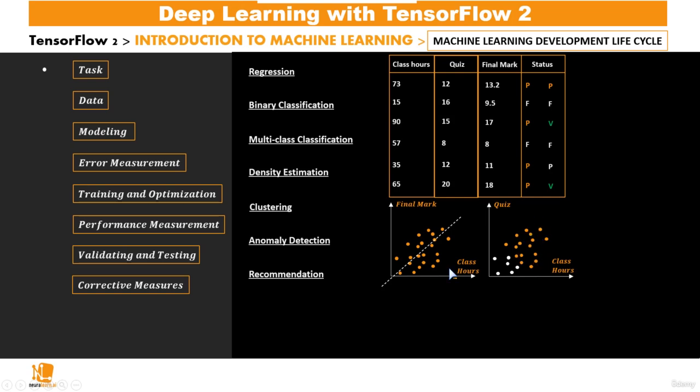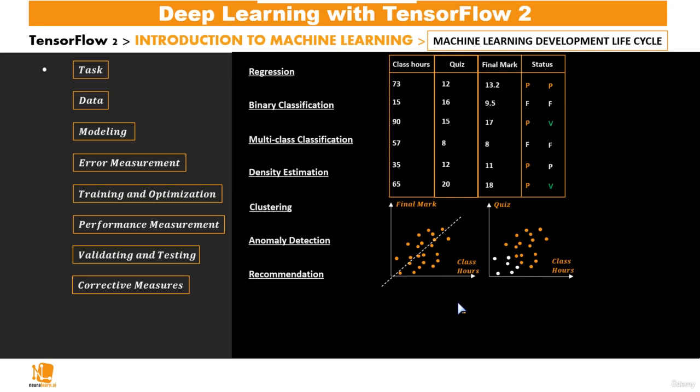So here, unlike this plot where we had class hours and final mark, we have class hours and quiz, and the final mark is gotten by looking at the color simply. So these orange points represent the points where the final mark is P, and these white points, the points where the final mark is F. So this represents the students who failed the final exam, and here the students who passed the final exam. So notice that our problem has actually changed.